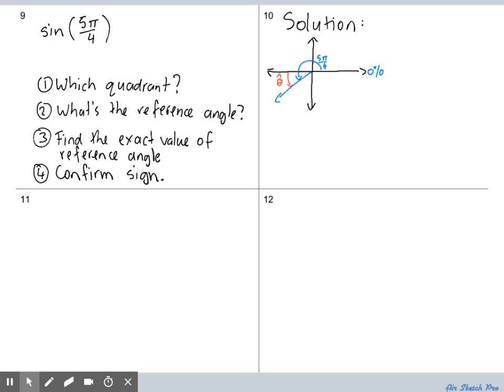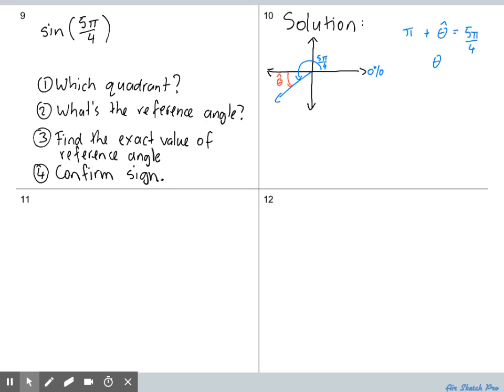I say that 180, oh my gosh, look at me, I'm so sorry. Pi plus the reference angle must be 5 pi on 4. Okay?